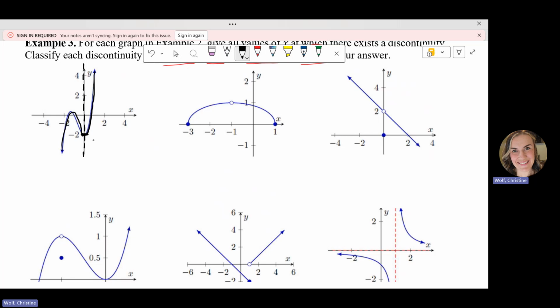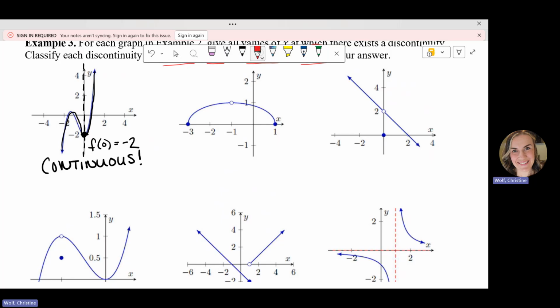And then when I check f of 0, I have a very solid defined point also at -2. So the limit exists at -2 and f of 0 is -2. So this is just continuous. We have no issue here.